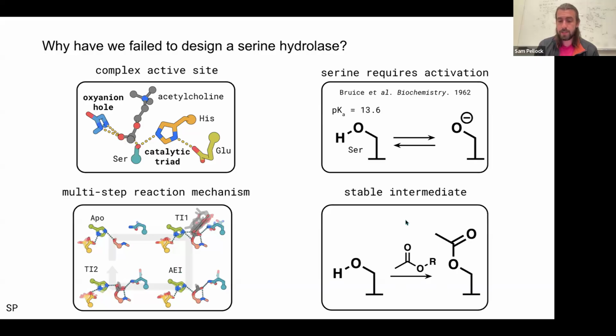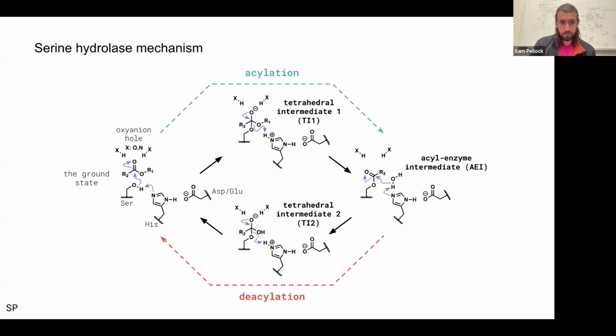And that's sort of the last point here, is that many hydrolase efforts broadly that proceed through covalent intermediates, a lot of them have sort of gotten stuck in this acyl enzyme intermediate and failed to do the second half of this reaction. So these might be the reasons that we've had a hard time making serine hydrolases over the years.